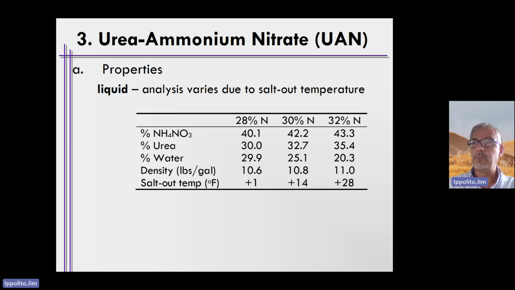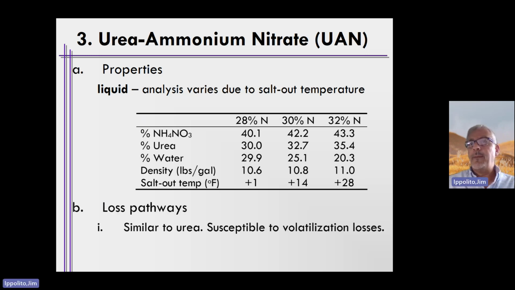That's just a prelude. So when I think about the loss pathways, it has urea in it, and it has ammonium in it. And so when you think urea and you understand the chemical reactions that urea undergoes to eventually become ammonium, one of the end products is ammonia gas, right?